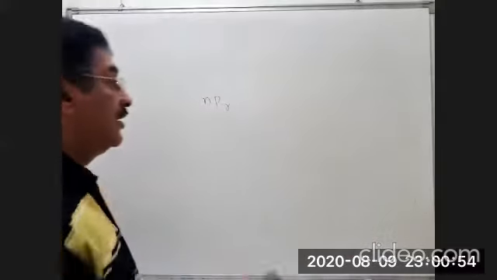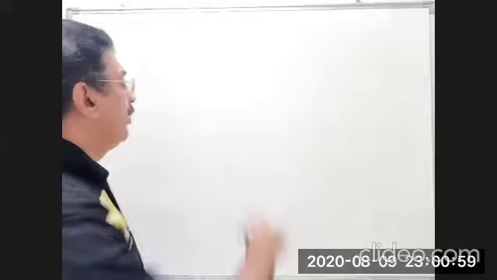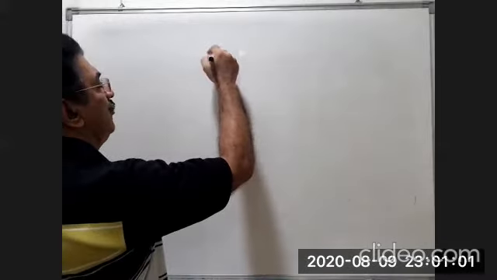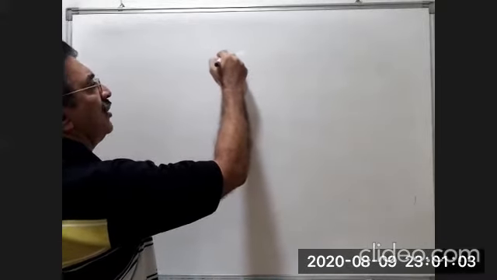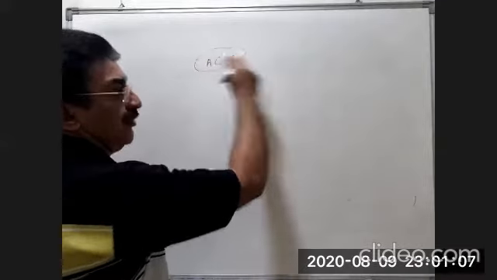Again, while forming the number of words, if a letter is repeated, then it is n factorial by p factorial. This is the n factorial by p factorial, because for example, this one we wrote ACT.